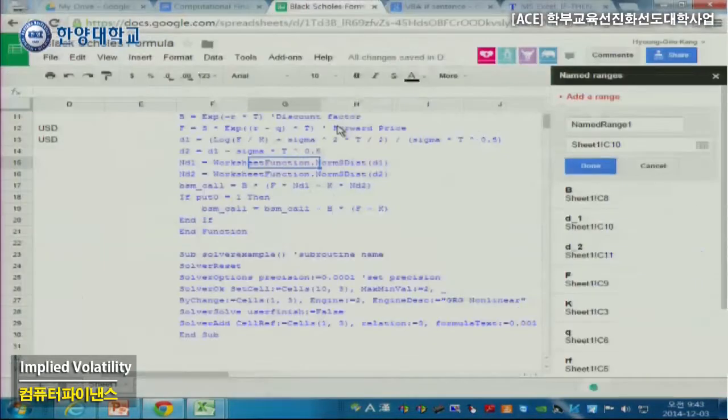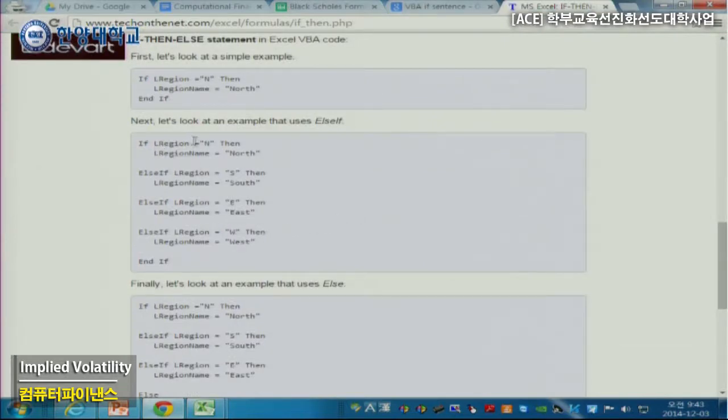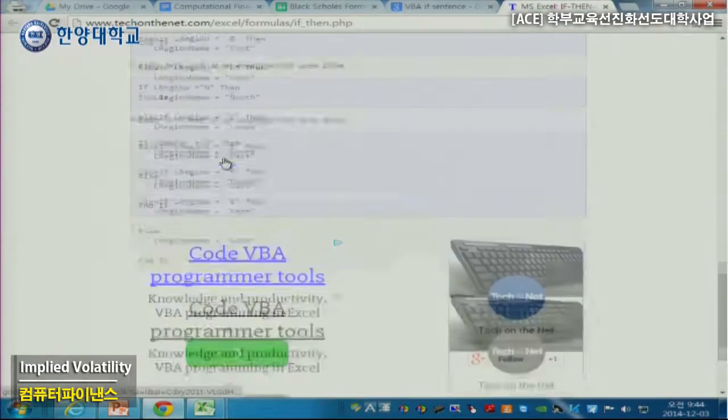So you will definitely need the if sentence. Yeah, Excel if. So if something, then this one.